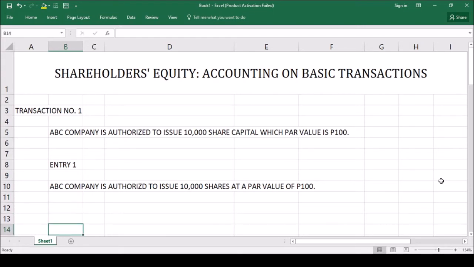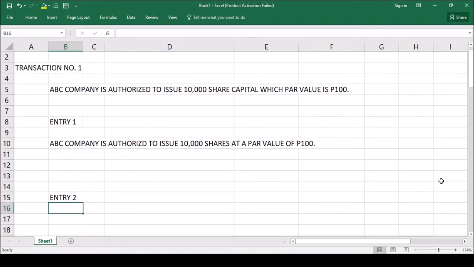And then on the date of authorization, or on the date where the company is being authorized to issue shares, the Corporation Code of the Philippines mandates the corporation to subscribe at least 25% of the authorized shares.